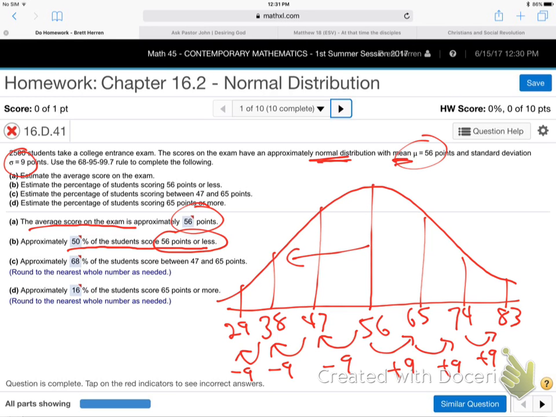Now, what's their question? Between 47 and 65. Well, that would be all these, because here's 47, here's 65. See those marks right there? So when they ask what percentage scored between 47 and 65, it's just those 2 middle chunks around the middle.